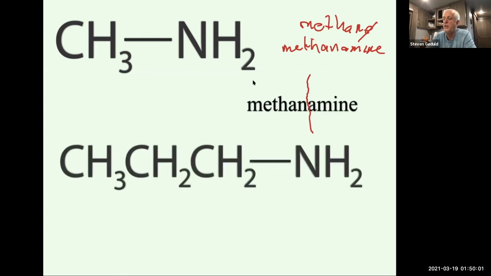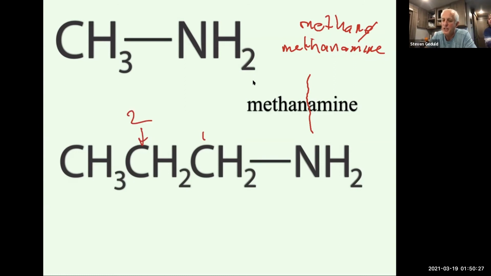This one here. How many carbons do we have in the longest carbon chain? We have 3 carbons, so propane. Now you've got to be careful, guys. This would be 1-propanamine, because the nitrogen could be attached here or here. If it was attached here, it would be 2-propanamine. So you've got to tell me where it's attached.